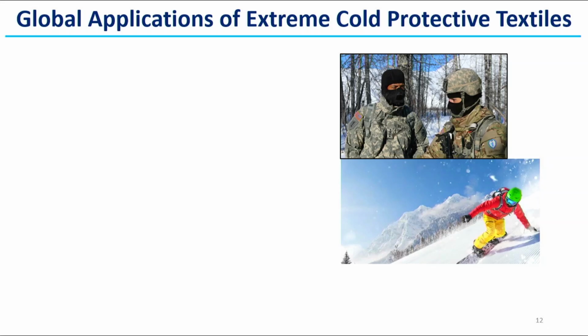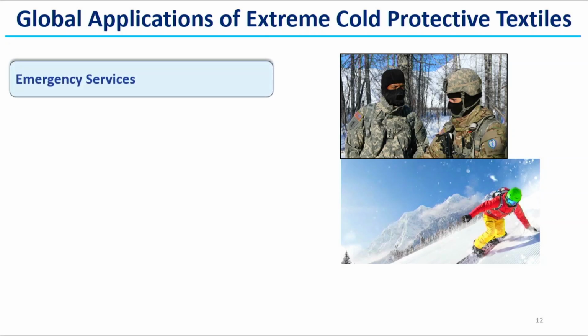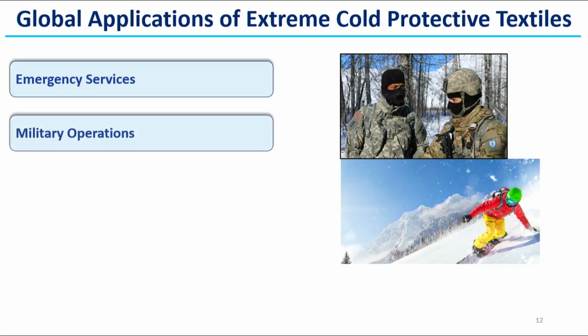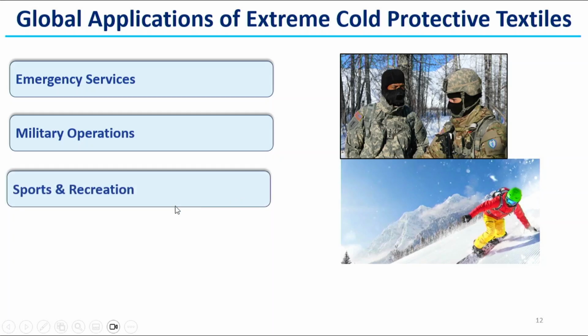Now, global applications of extreme cold protective clothing. In different areas globally we use extreme cold protective clothing. Emergency services are there, and military operations, including high altitude military operations. In those cases we need extreme cold protective clothing.